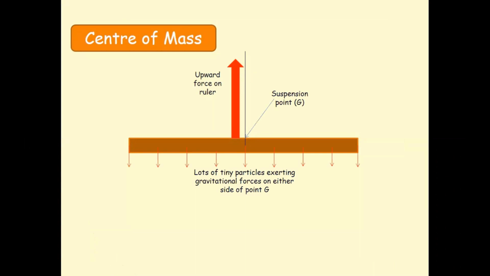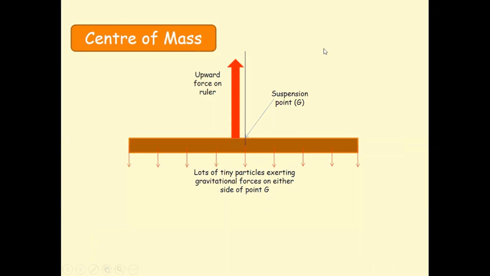But we have a single point at which the body is balanced. Okay? That particular balancing point at which the whole weight of the body appears to act. This is exactly called center of gravity.